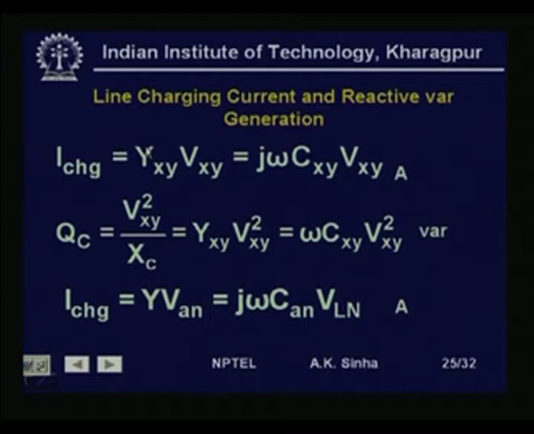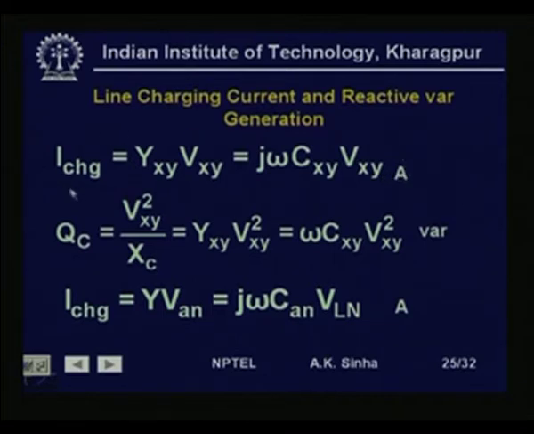If we are finding between two conductors x and y, then we find the admittance YXY, and the charging current will be YXY into VXY. This is equal to j omega CXY into VXY amperes.